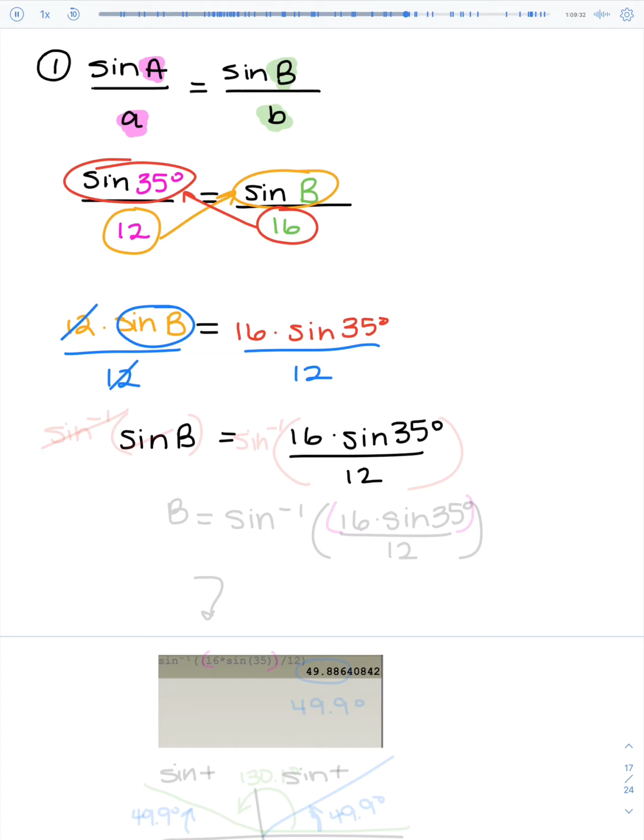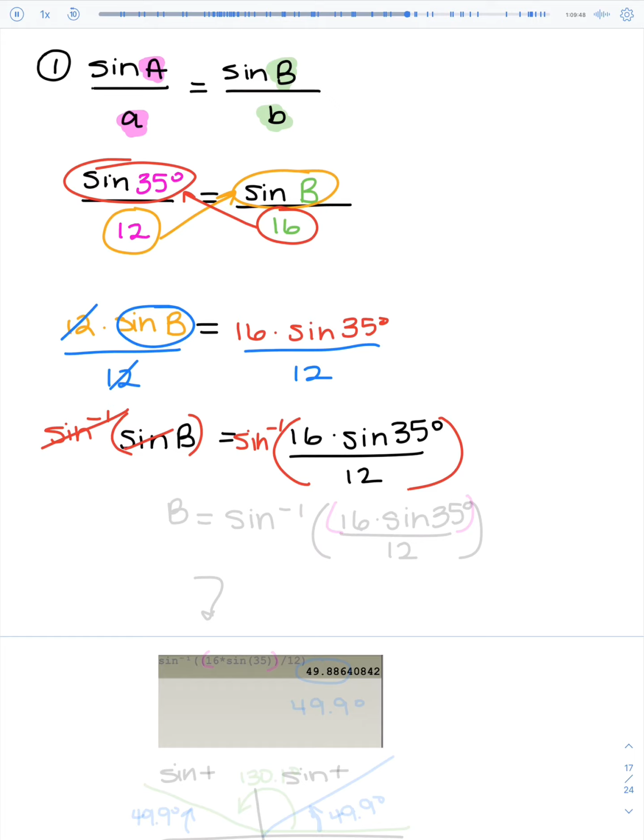So our last thing that we need to do is get rid of the sine. How do you get rid of sine? You get rid of sine with inverse sine. So we'll do inverse sine to both sides. Again, don't forget your parentheses, inverse sine of this entire huge fraction.